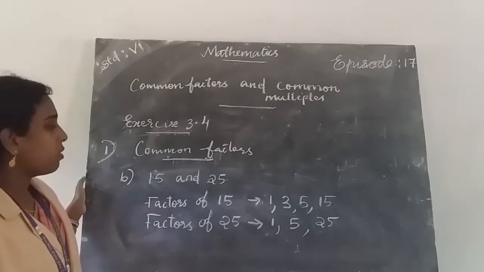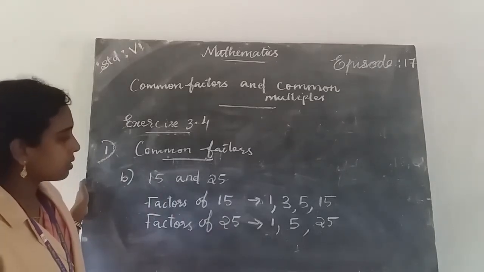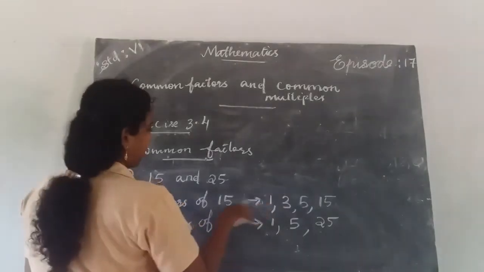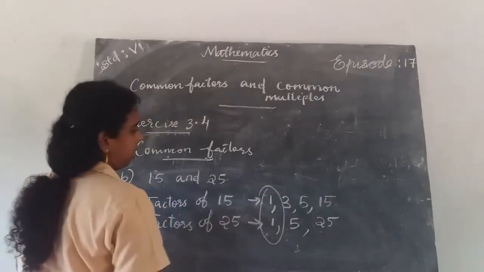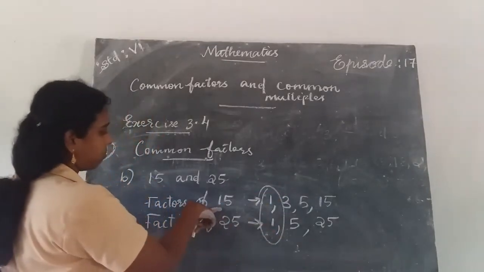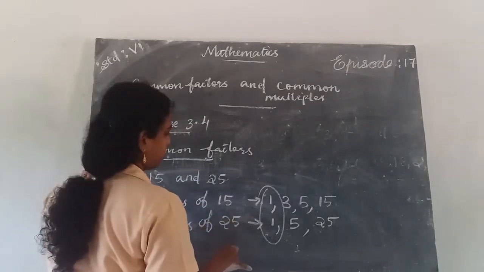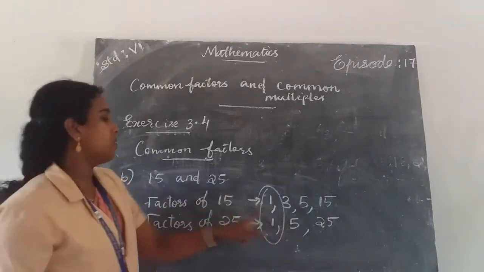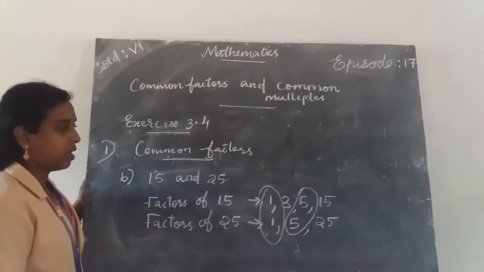So which are the common factors of 15 and 25? Let's look at the factors and find that. Here 1 is a factor of 15 and also a factor of 25. So 1 is common. And here 3 is a factor of 15 but 3 is not a factor of 25. So 3 is not a common factor. Then here 5 is a factor of 15 and 5 is also a factor of 25.